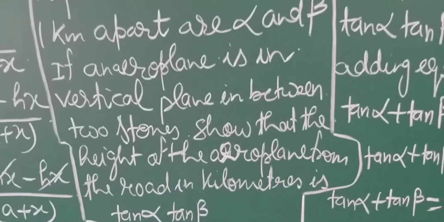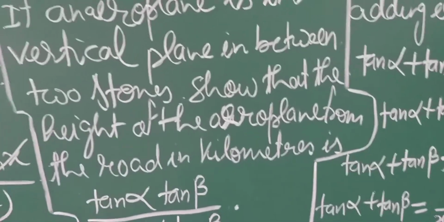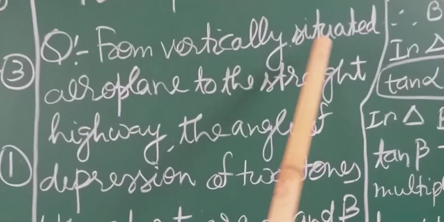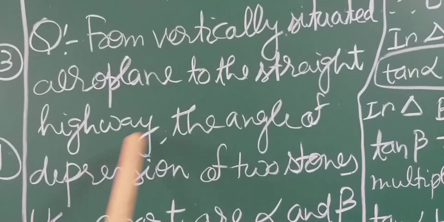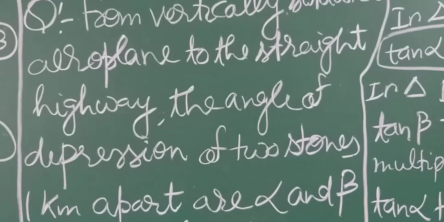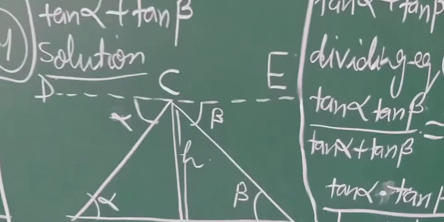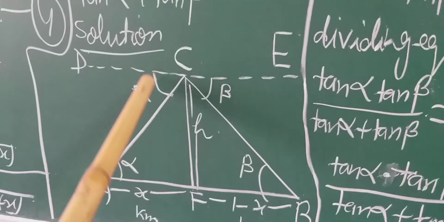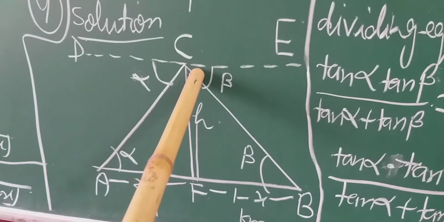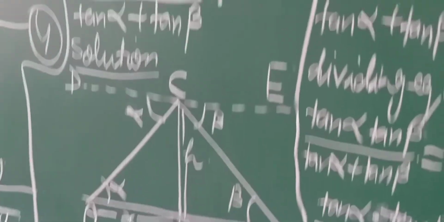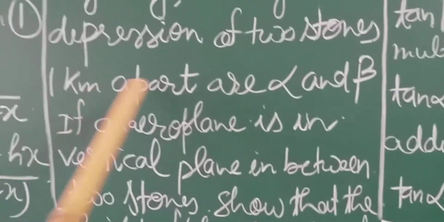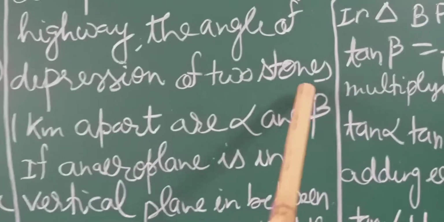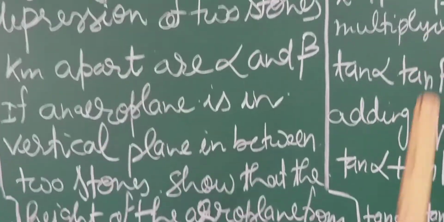The diagram is different, student. So let us draw the diagram. There is a plane vertically situated above the state highway. So this is the highway, student, AB, and the aeroplane is at point C. Correct? After then the angle of depression of two stones 1 kilometer apart are alpha and beta.